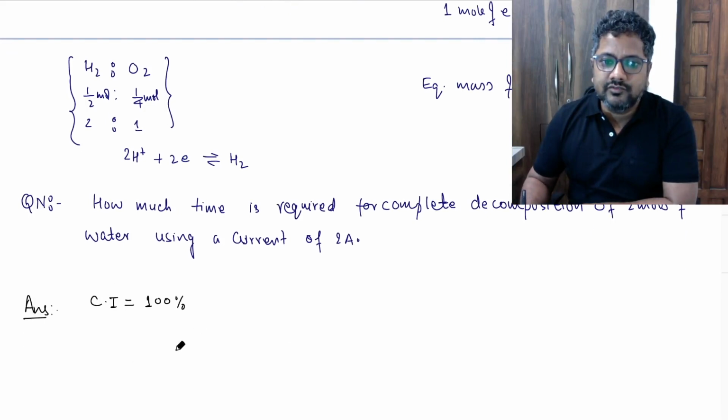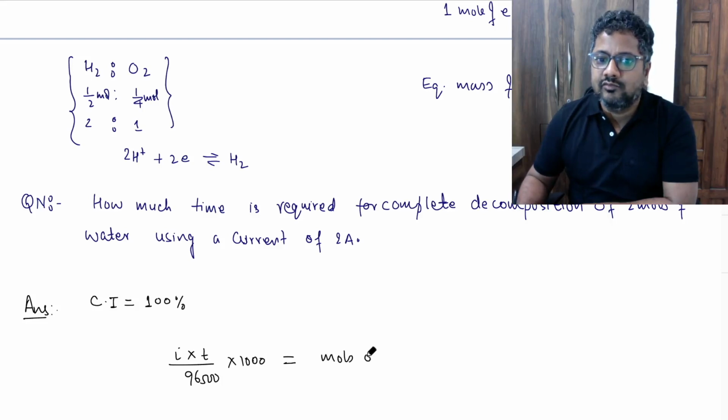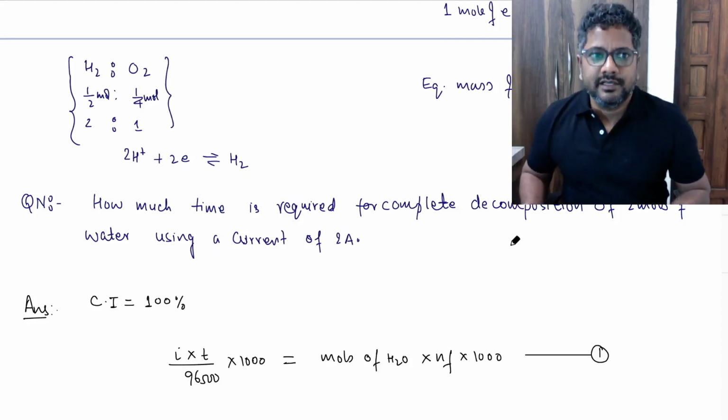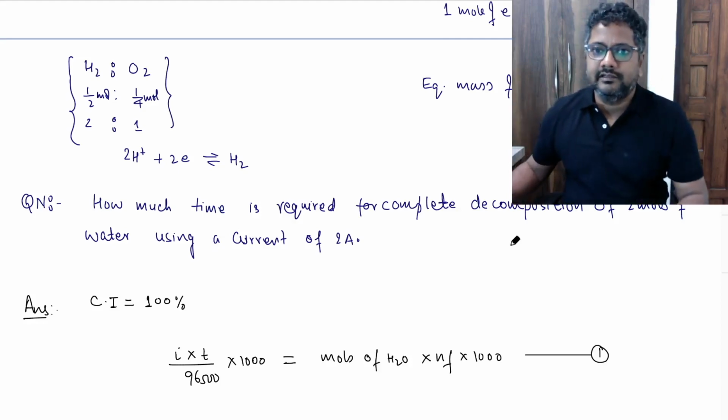You can use this formula: I into T by 96500 into 1000 is equal to moles of water decomposed into n factor for water into 1000. You can directly solve this question in one line, right?